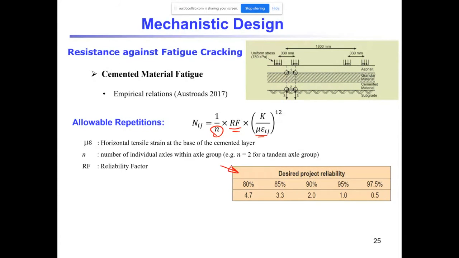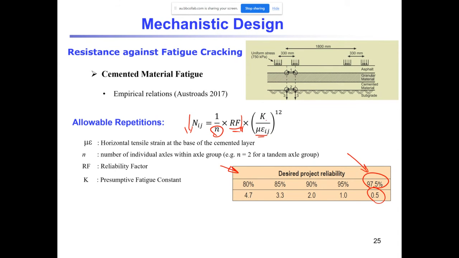And this is the table you can use in order to determine the reliability factor. Again, for a freeway, the value you need to consider is 0.5, right? So when the project is very important, when the level of traffic is very high, you need to consider a lower value for RF, which means that the allowable repetition is less. So you need to increase the thickness of the layers.